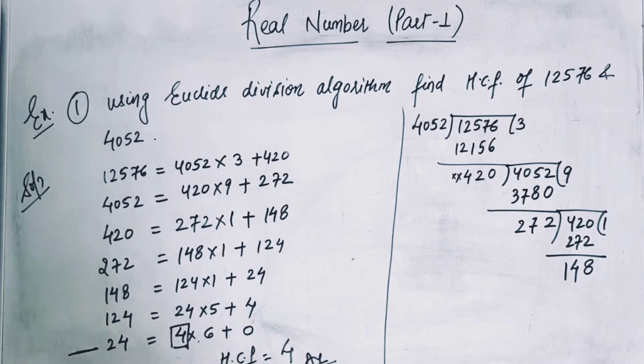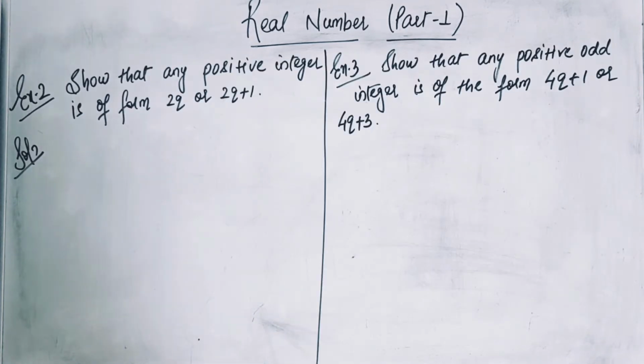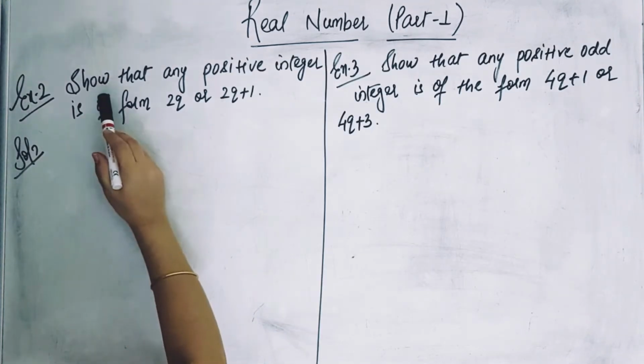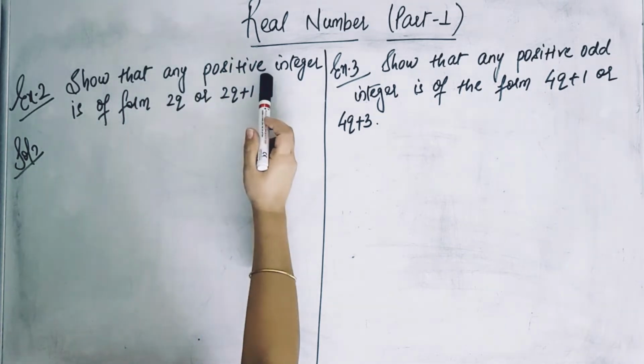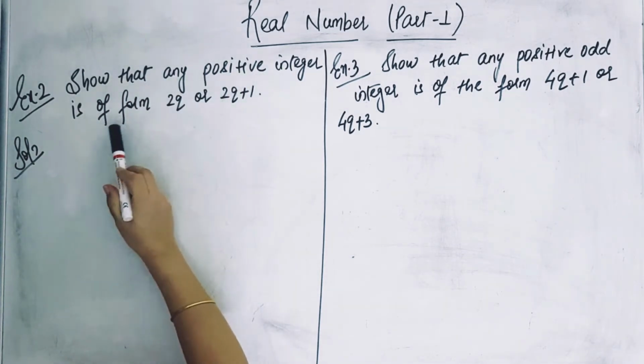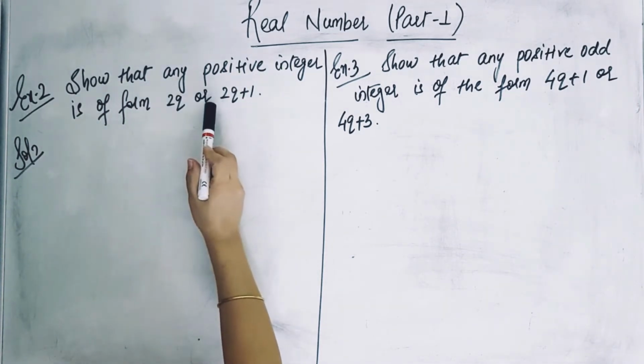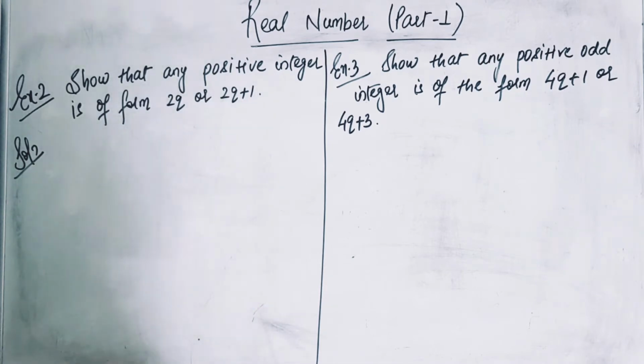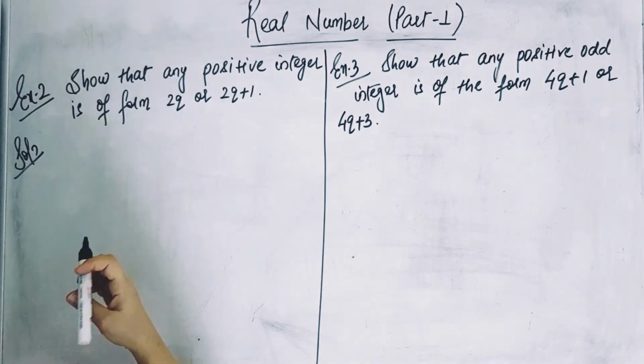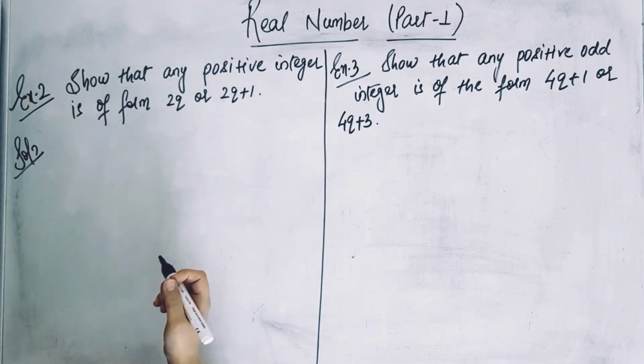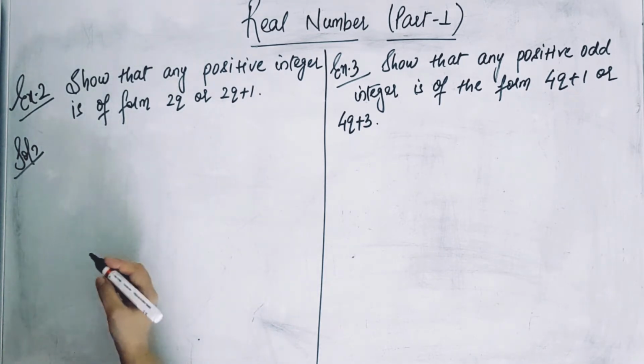Now the question is, we have to show that any positive integer is of the form 2q or 2q plus 1. As I told you, in Euclid's division lemma, we have to assume two positive integers.